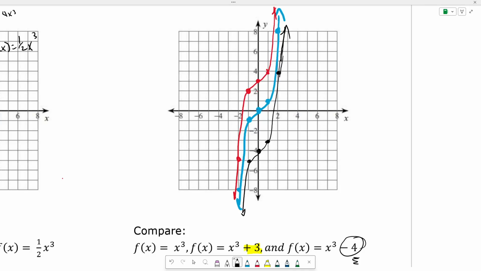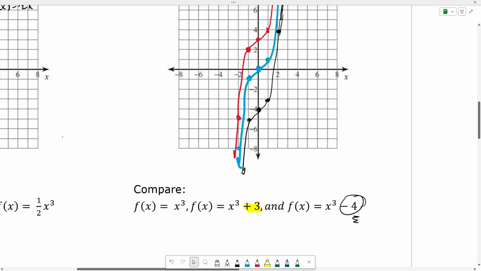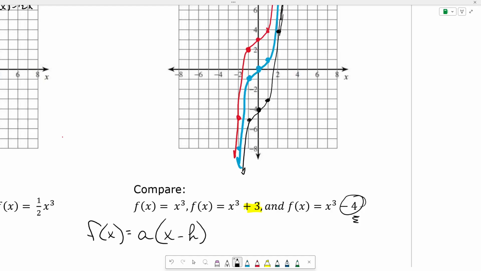So we have those 3 there. All of these are based off of our equation, f of x is equal to a parentheses x minus h cubed plus k.